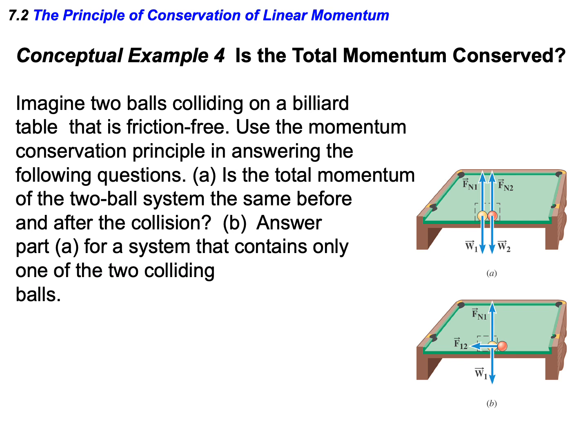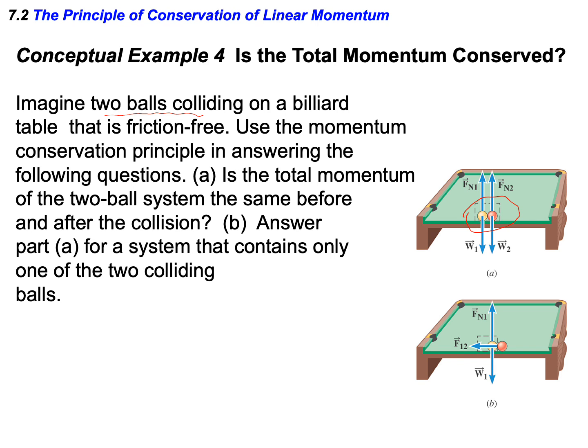Okay, here's another example. The question is, is the total momentum conserved? The conservation of momentum says the momentum of an isolated system is conserved. So in this example, we consider a two-ball collision. That's an isolated system.